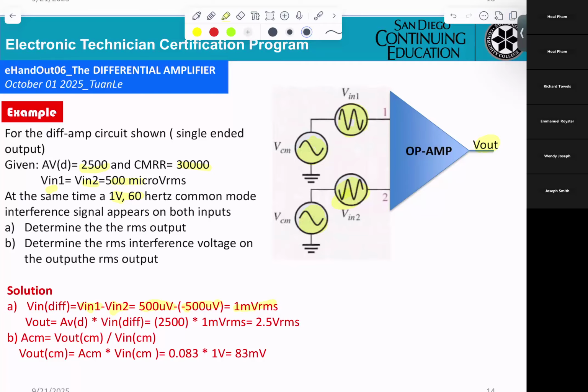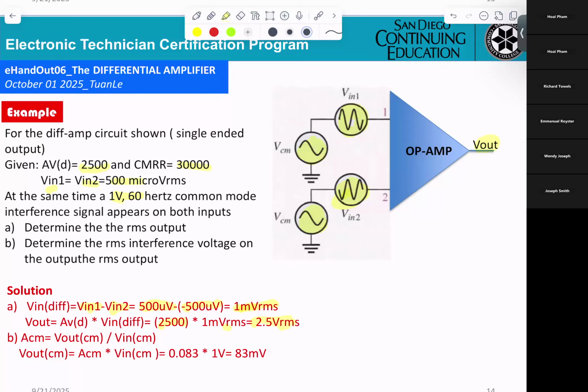You get 1 millivolt RMS. Vout equals AVD times Vin differential. That means 2500 times 1 millivolt RMS, you get 2.5.